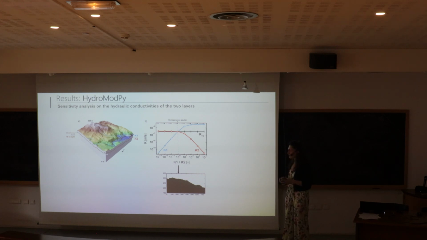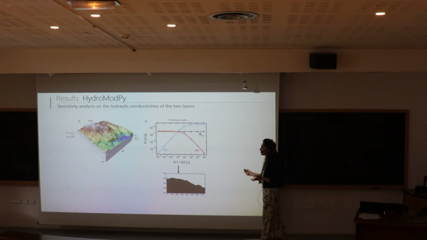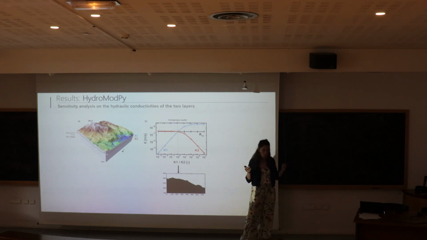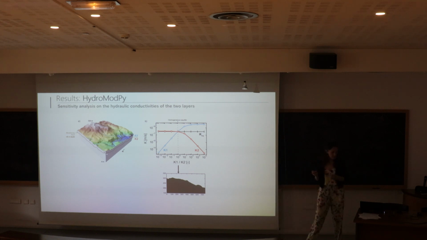So what we did is that we first considered the homogeneous catchment, and we calibrated the hydraulic conductivity on that. Then, assuming a conservative transmissivity, we did some sensitivity analysis, changing the conductivity of the two layers, which is what you see here.